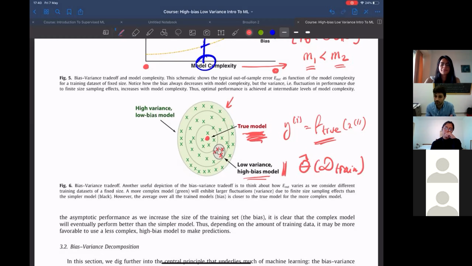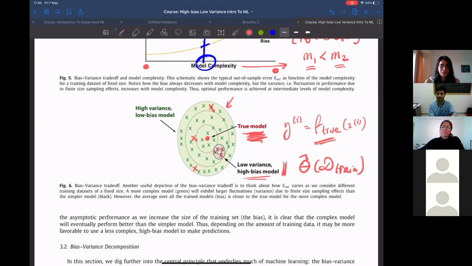But the problem is that the data is finite, and therefore for some realization of the training data, maybe you will fall here, due to noise, or maybe here, or maybe here. This quantifies the fluctuations. This error, the high sensitivity to sampling noise, is what leads to variance.